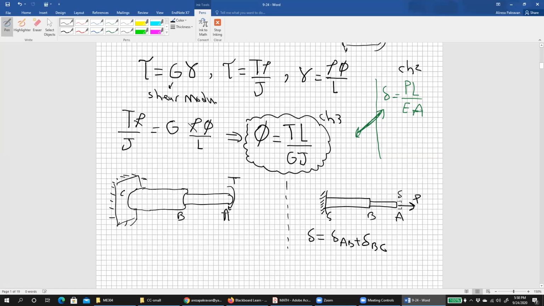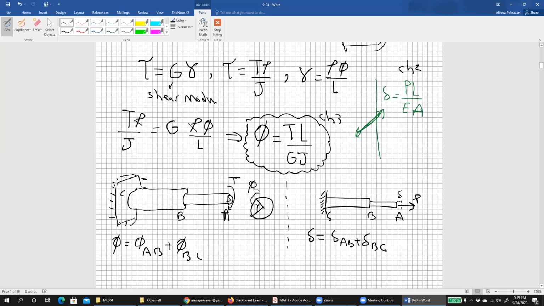Now it's very similar here. Instead of delta, the total angle of twist would be the angle of twist for AB plus the angle of twist for BC. So in these sections, you have this angle of twist phi.